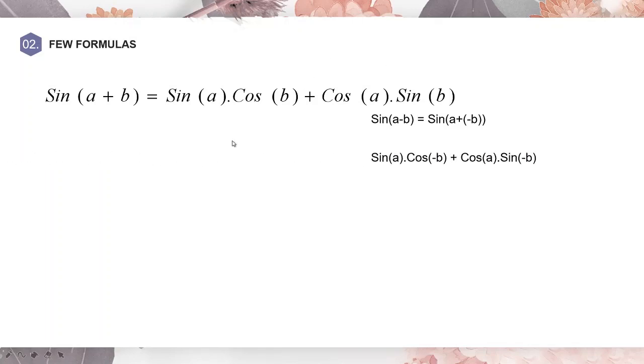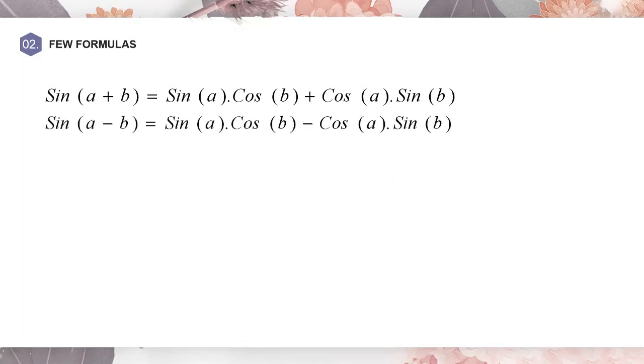Sine a cos minus b plus cos a sine of minus b. Now cos of minus theta is cos theta, so this will become cos b. Sine of minus theta is minus sine theta, so it will become minus sine b. So the formula will become, tada. Sine of a minus b is equal to sine a cos b minus cos a sine b.